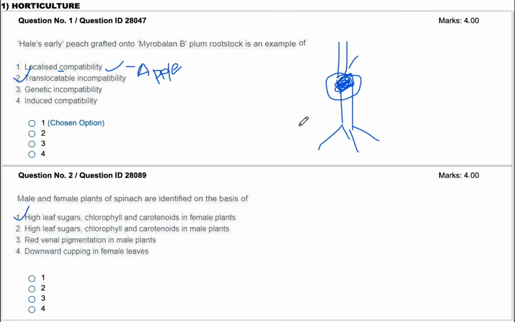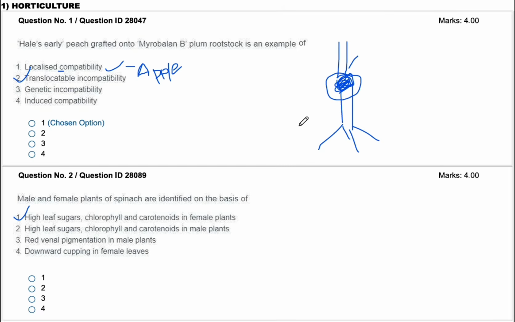Okay, now coming to the example, localized incompatibility reactions are very common in apples when grafted on pear and plum when grafted on cherry.